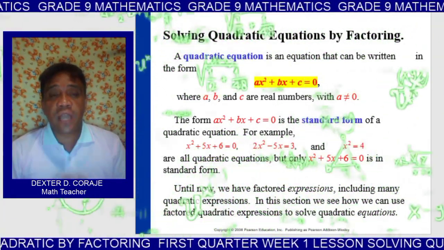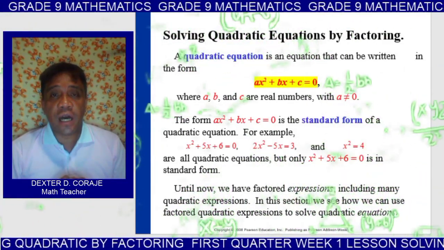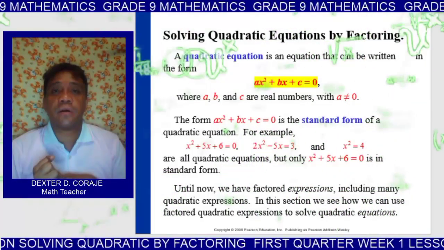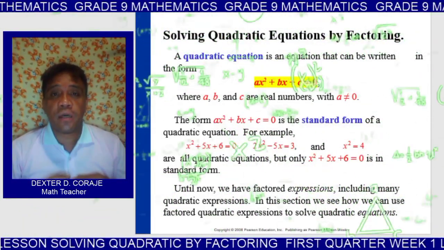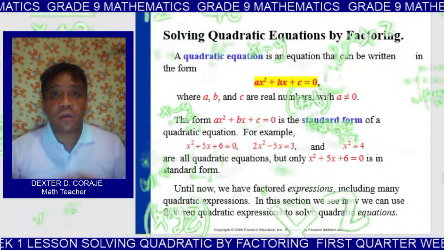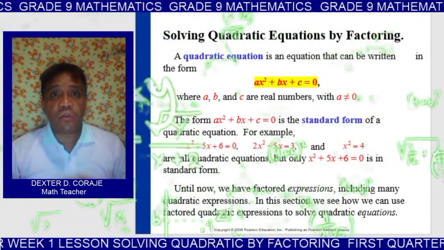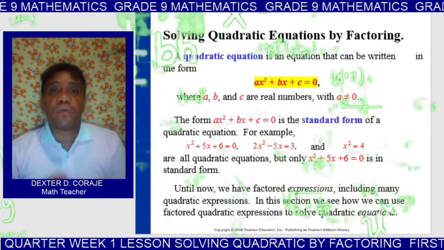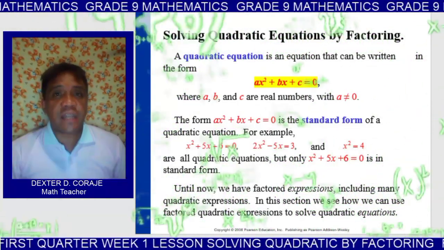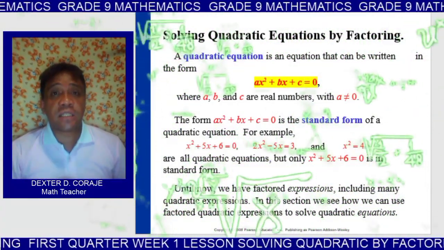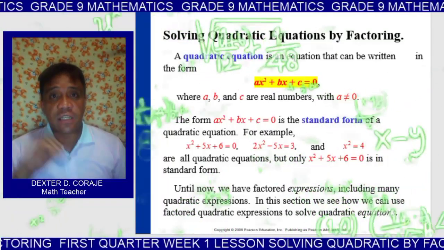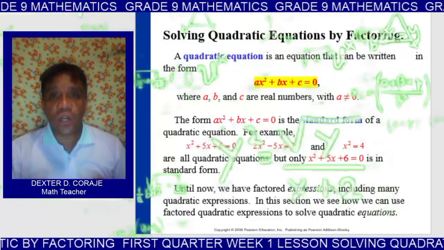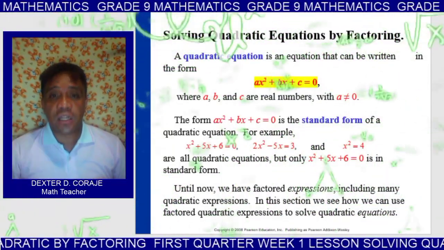Take note that ax squared is what you call the quadratic term, bx the linear term, and c the constant term. a, b, and c are all numerical values from the real numbers, provided that the value of a is not 0. Because if it is equal to 0, it is no longer a quadratic equation, and it is a linear equation.